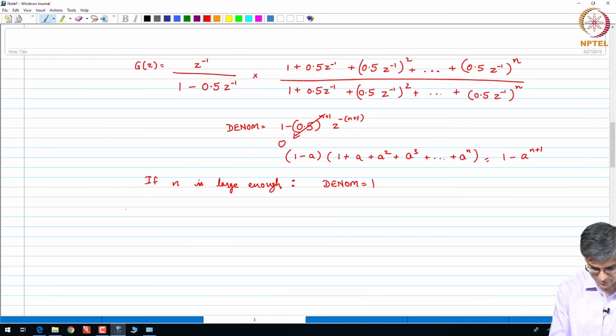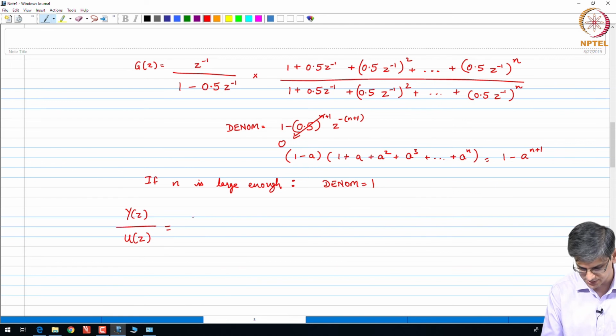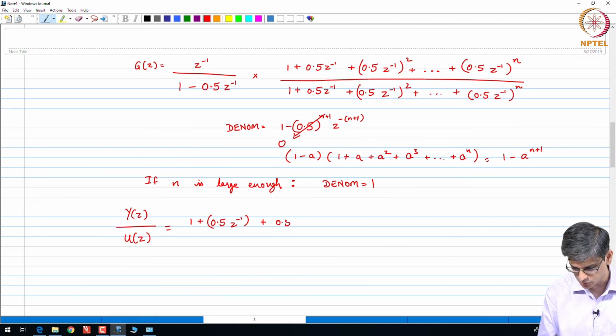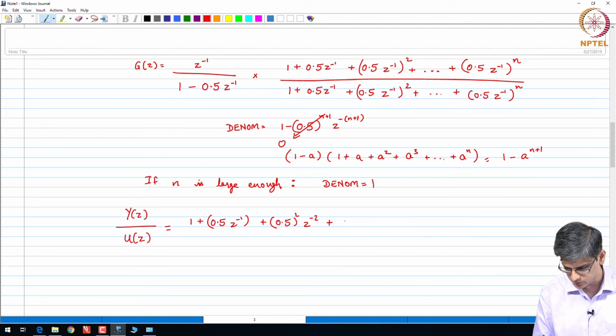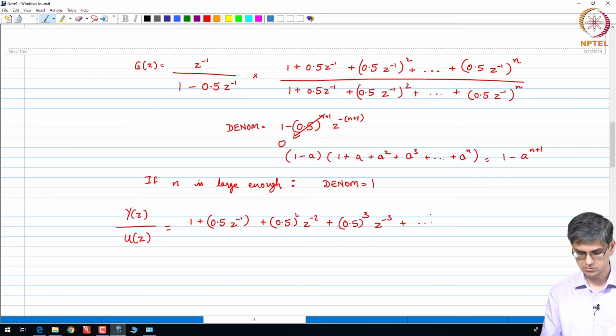So, G(z), which is Y(z) divided by U(z), can equivalently be written as 1 plus 0.5 z inverse plus 0.5 squared z to the power minus 2 plus 0.5 cubed z to the power minus 3 and so on. Okay.